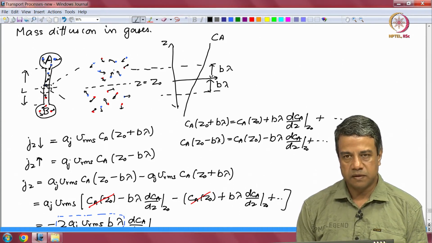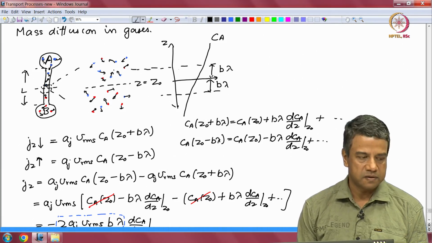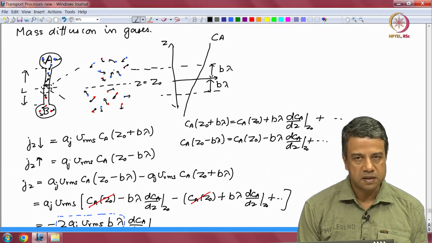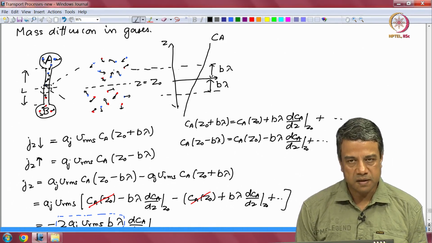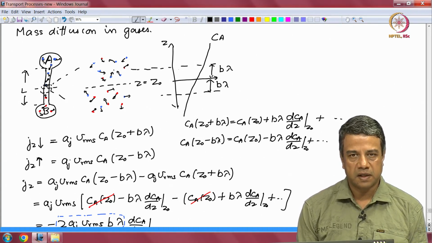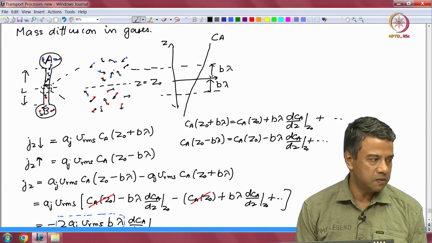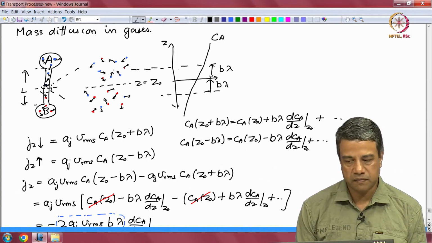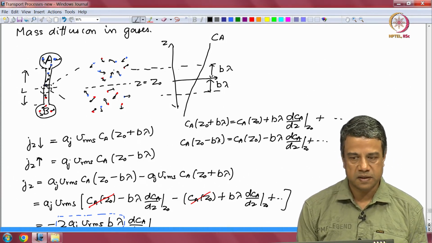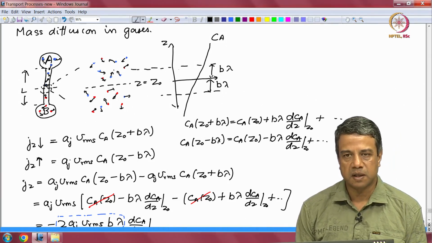However, whenever there is a variation in the concentration, there will be a diffusive flux. The reason is that if across a surface there is a variation in the concentration, let us say the molecules of type A have a higher concentration above the surface and a lower concentration below the surface, the molecules that cross the surface cross from a distance approximately mean free path above the surface.